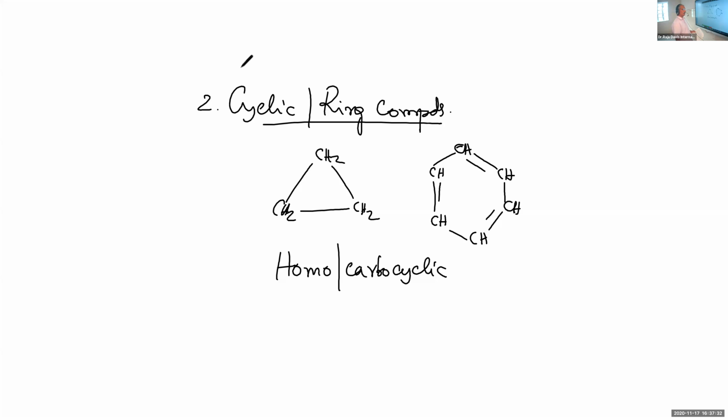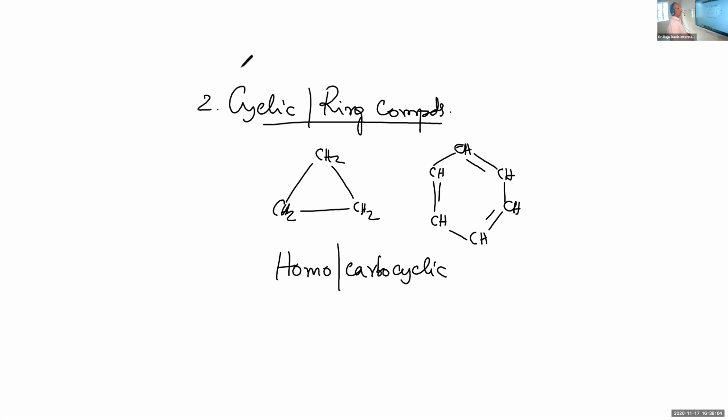But there are compounds in which, in the ring, there will be an atom other than the carbon atom. A ring is there, the chain is closed, but in addition to carbon, there will be an atom other than carbon.